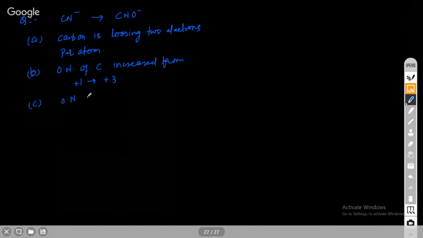C. Oxidation number of nitrogen remains unchanged. D. A and C both are correct. Tell me this one.